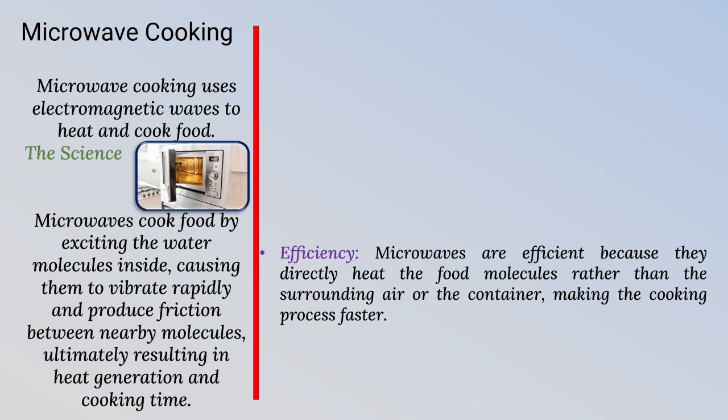In a normal cooking process, what happens? If you take water, put it in a kettle and put it for boiling, what will happen? First, the container, the metal, will be heated. From the heated metal, it will be transferred to the water. Inside the water, the heat will be circulated through, as we have discussed, conduction, convection, and radiation. So the first two will be active in this case, and then the water will be getting heated slowly.